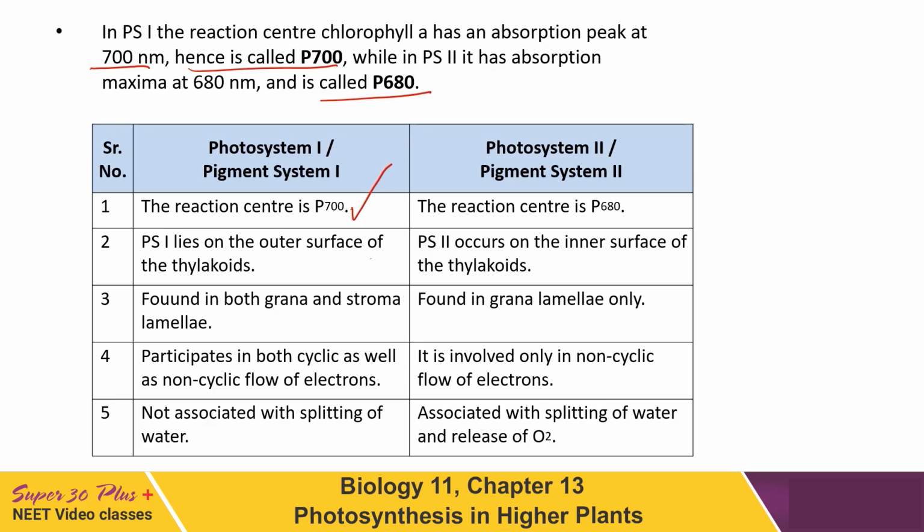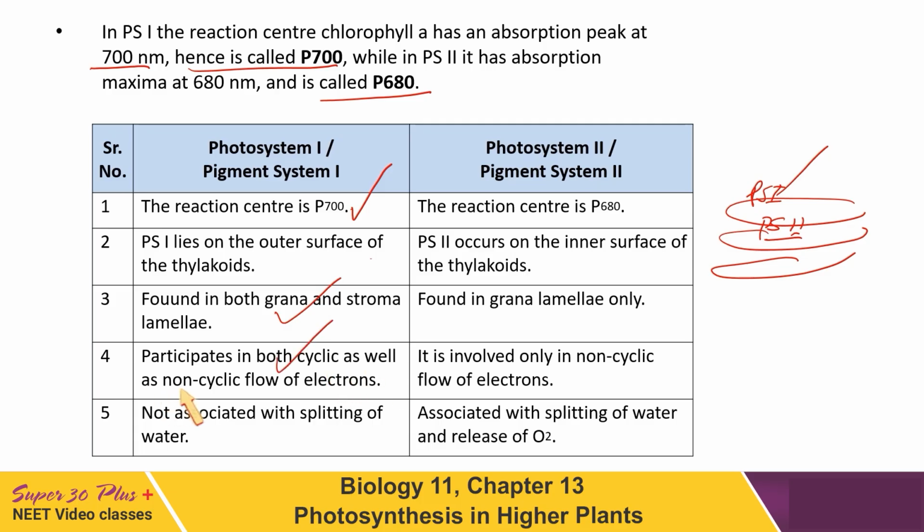If I draw here, this is the thylakoid, usually PS1 is on the surface here, while PS2 lies on the appressed surface and PS1 on the non-appressed surface. Found in both granum and stroma, participates in both cyclic as well as non-cyclic. We have to see detail of this, and they are not associated with the splitting of water.